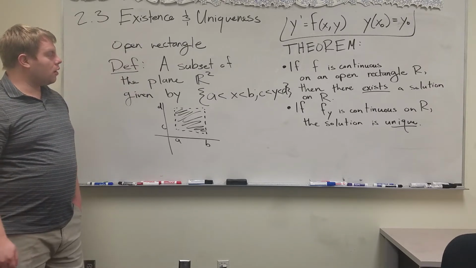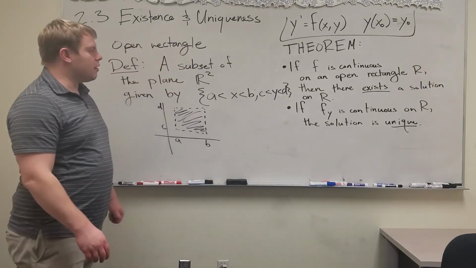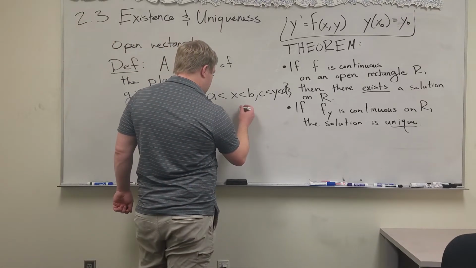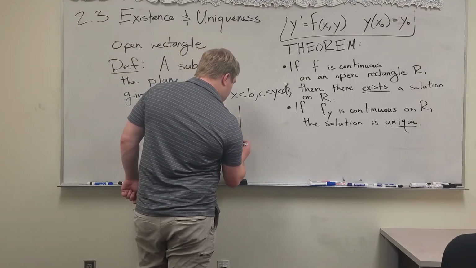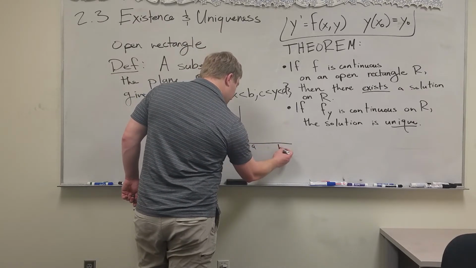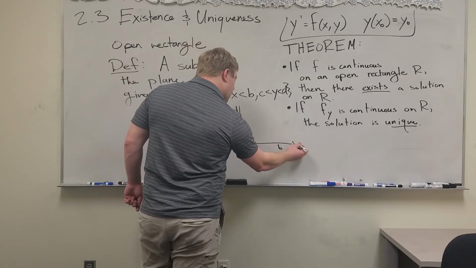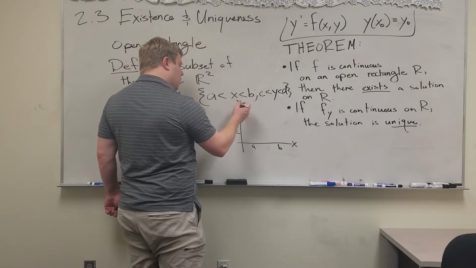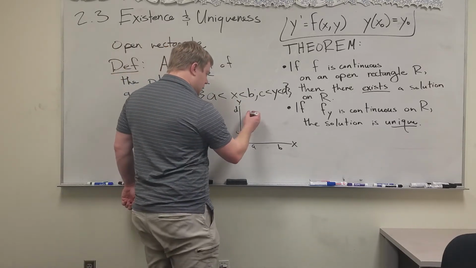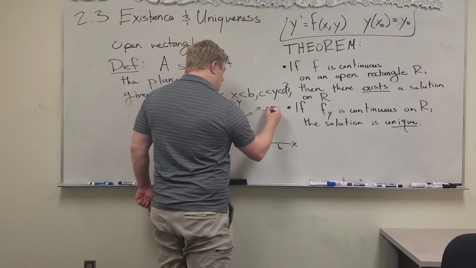Now, when we're talking about this theorem, think about the phase plane where we plot directional fields. When we do a directional field, we make x the horizontal axis, y the vertical axis. We have a whole bunch of arrows, right?